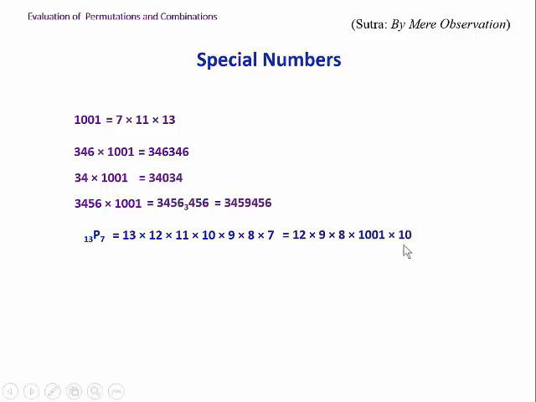Put the 10 last because it's easiest to multiply by. So we're going to multiply here, 12 times 9 times 8, 108 times 8, that's 864, times 1001 times 10. So the 864 gets repeated, 864,864, and the 10 gives us the 0 on the end.